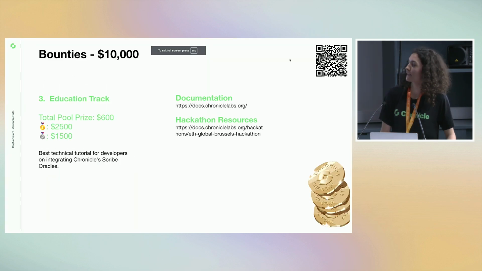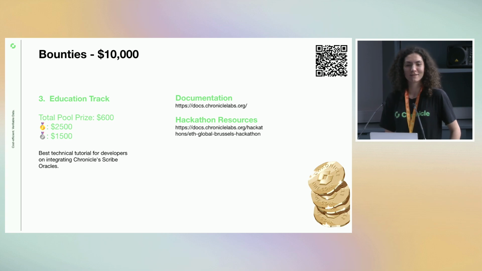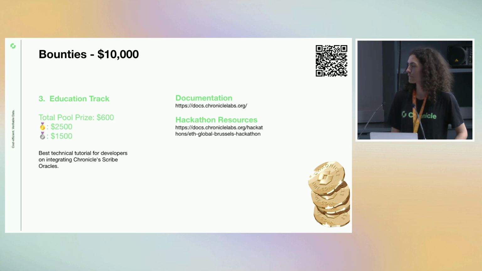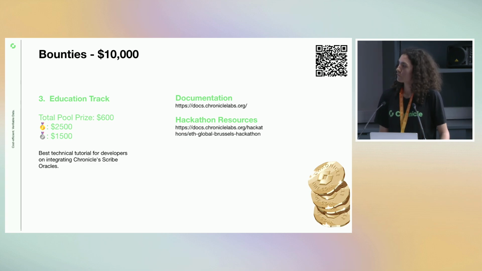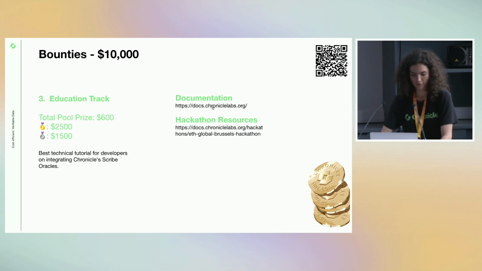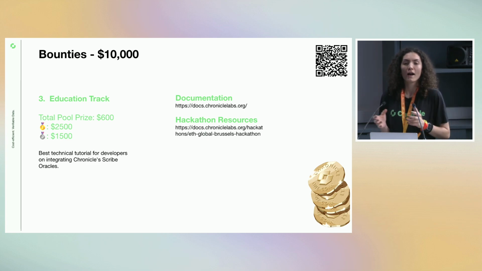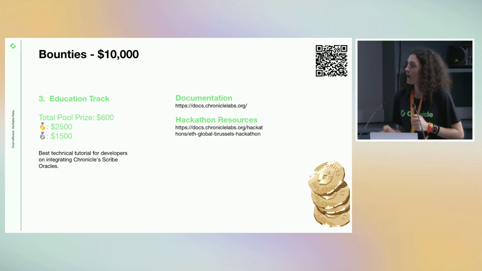Finally, the last track, and probably my favorite because it's something I think innovative that I don't think I've seen before at ETHGlobal. It's a small education track, so for those of you that might not have enough time to build a fully fledged project but still want to contribute and to ship something, there is a small pool prize.